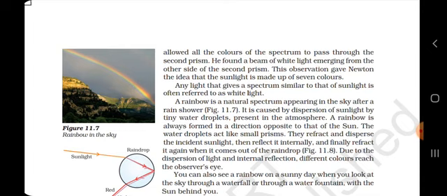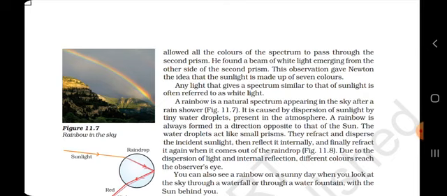The water droplets act like a prism, as I told you earlier. Whenever sunlight falls on a small prism, it gives you 7 colors. The same thing is happening here. Whenever sunlight falls on a raindrop, it acts like a small prism.